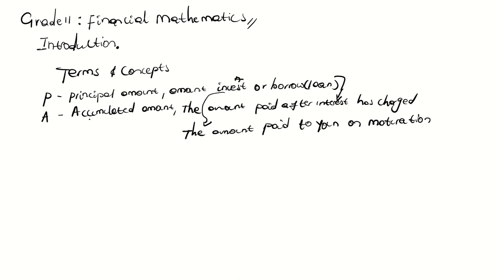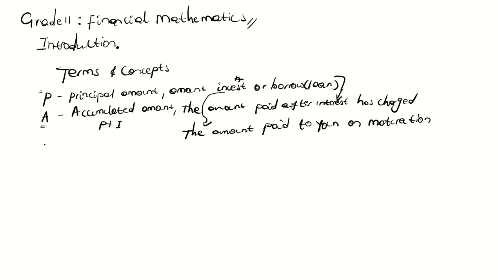So this amount A will normally be a larger amount than the principal amount. Why? Because this is P plus some kind of interest.